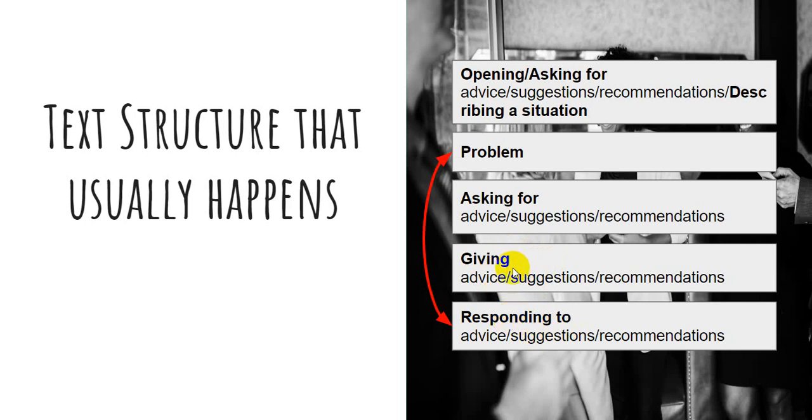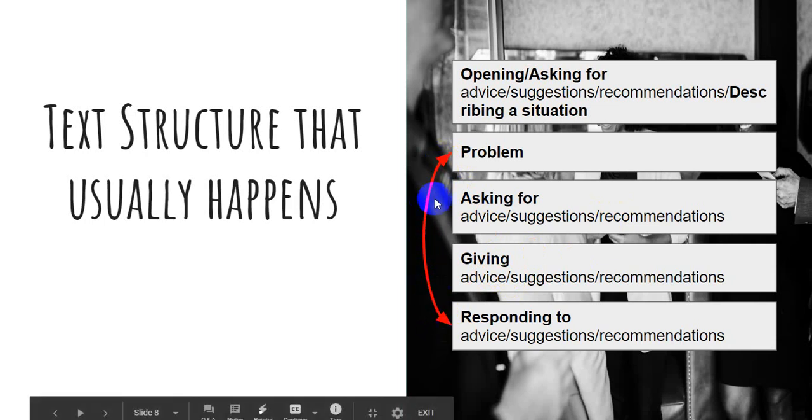Well, how about a case like what happened on the previous slide? When you have more than one problem, you have more than one asking for advice or suggestion expressions, and then you have more than one giving advice expressions. How about that? Well, this is why I give a line in here, an arrow.